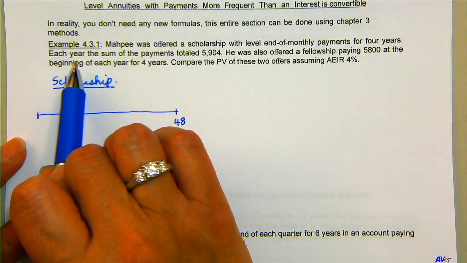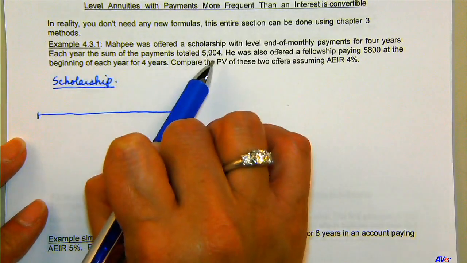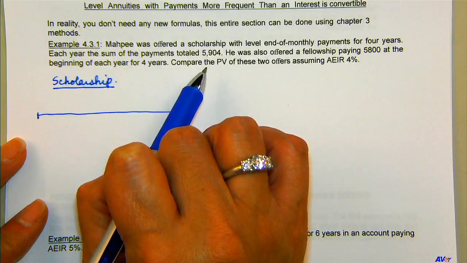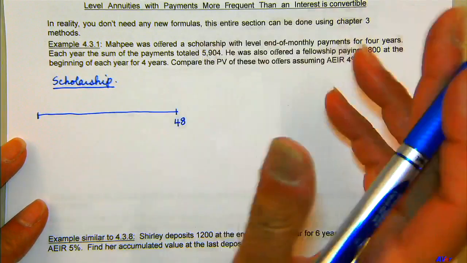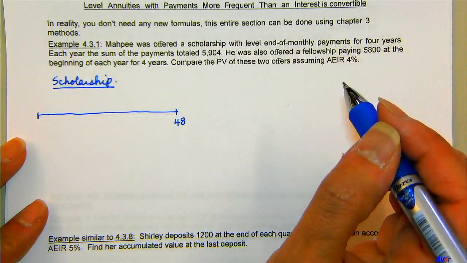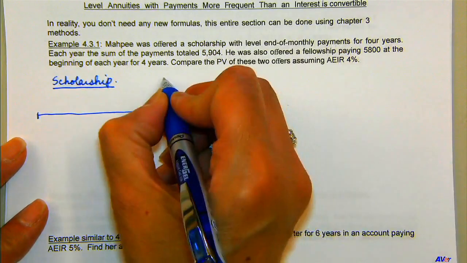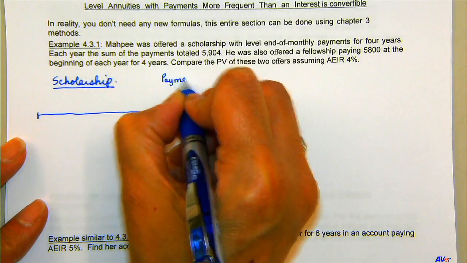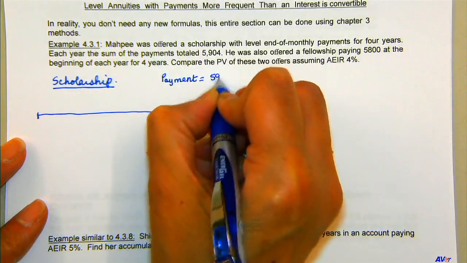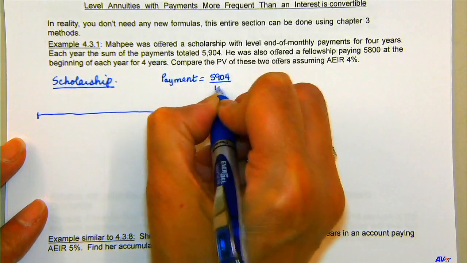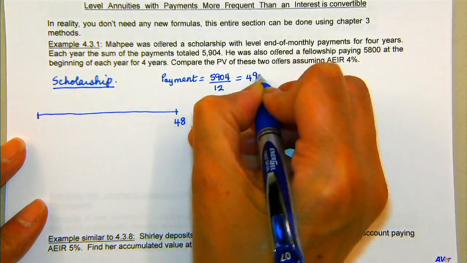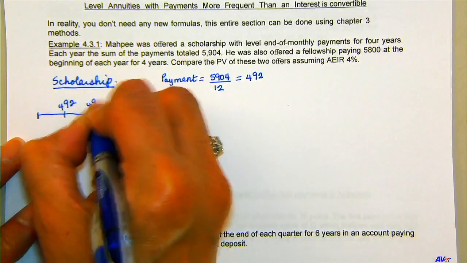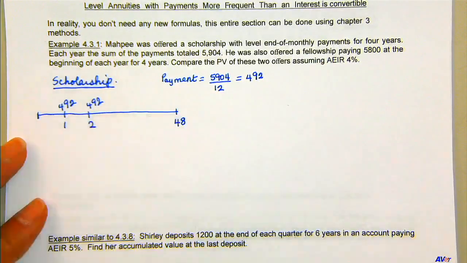Each year, the sum of the payments totaled 5,904. So can I find my monthly payment if I know the sum of them? Each payment is equal to 5,904 divided by 12, which is 492. So 492, 492, 48 such payments.